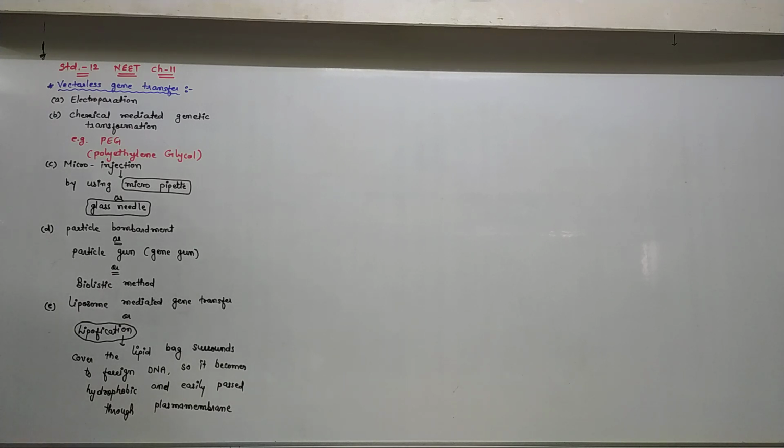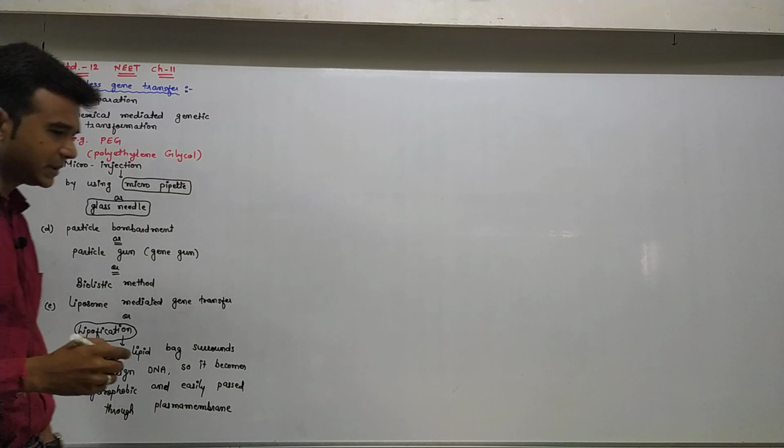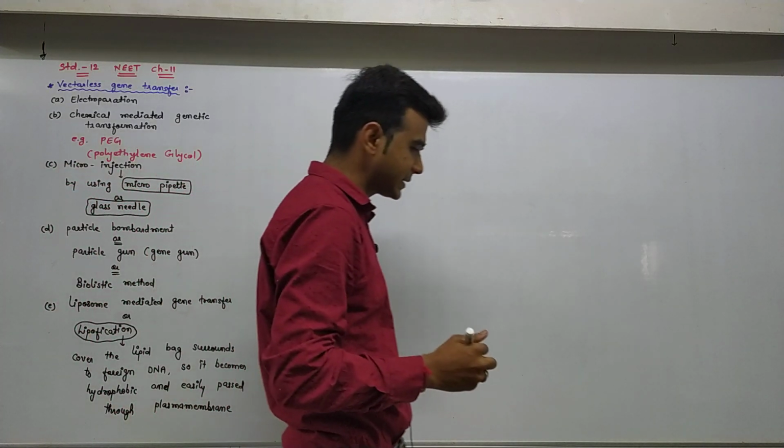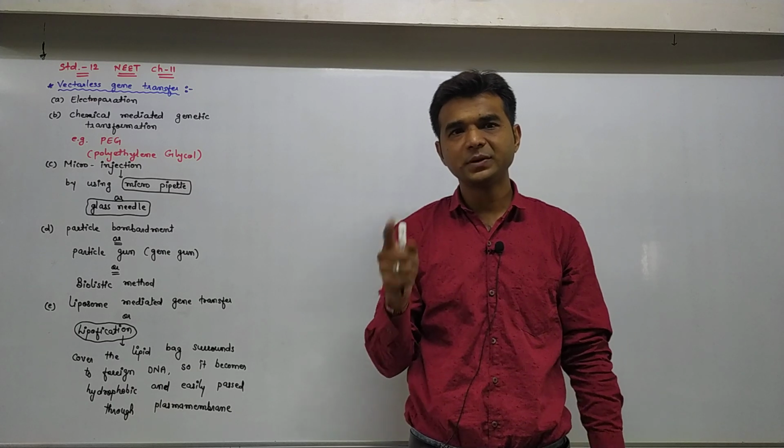So that foreign DNA molecule artificially becomes hydrophobic, and can easily pass through the plasma membrane. Okay, so this is about vectorless gene transfer. Along with that, few topics are also given in the textbook.